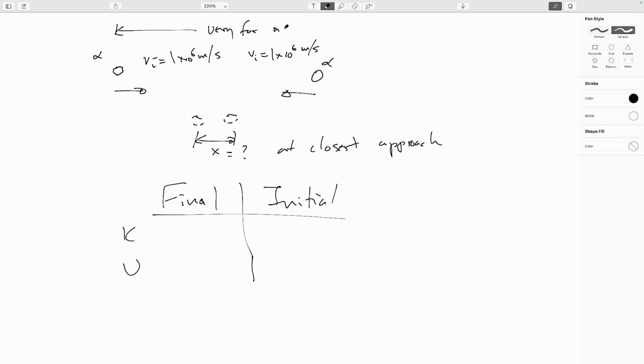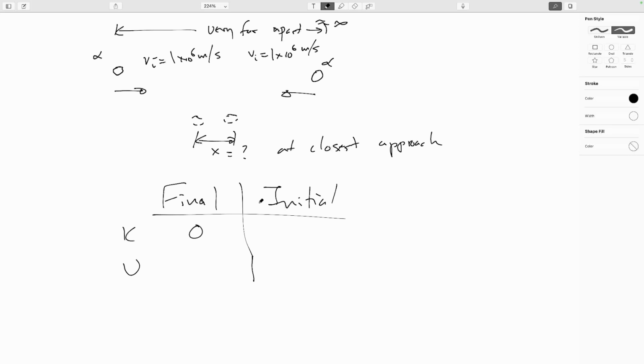I mean, heck, even a few centimeters is very far apart compared to femtometers. So we'll say that this is roughly infinity. So our final kinetic energy at closest approach, we would be going at a speed of 0, so kinetic energy is 0.